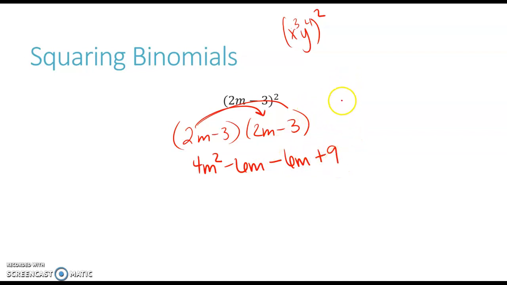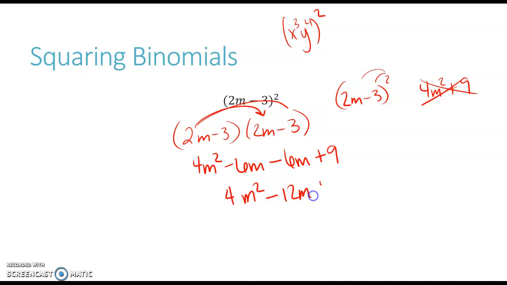If you were to just square each term and go through, you would end up with 4m squared plus 9, which is not correct because we end up missing that middle term. So in this case, our final answer is 4m squared minus 12m plus 9. And that's our final answer.